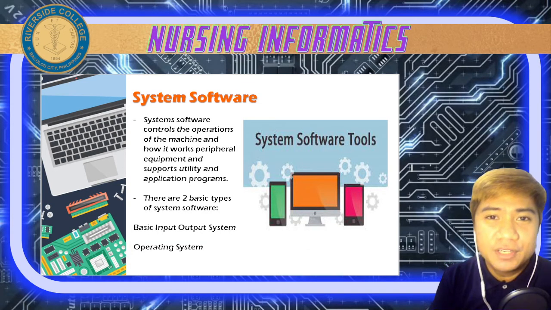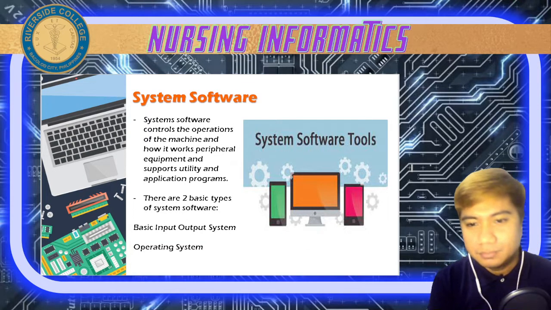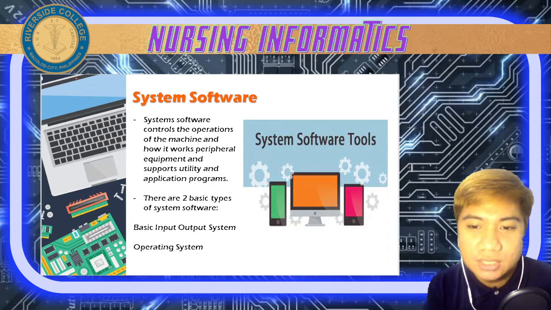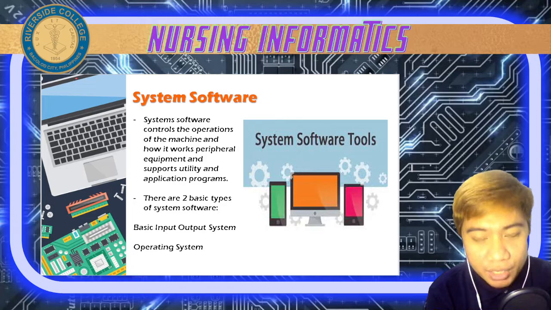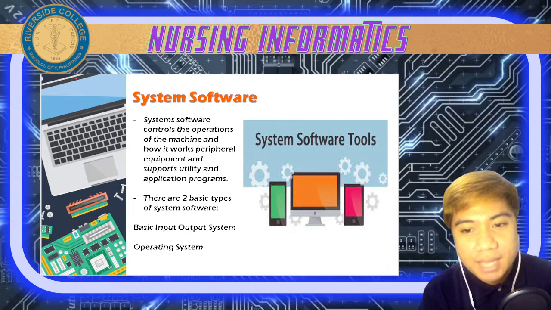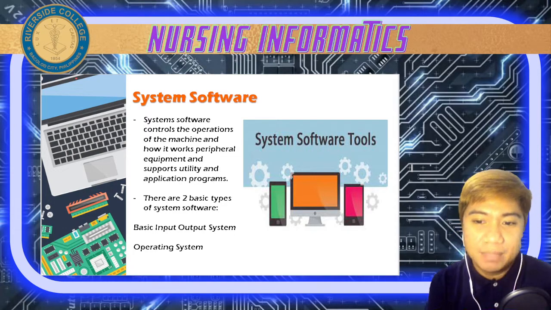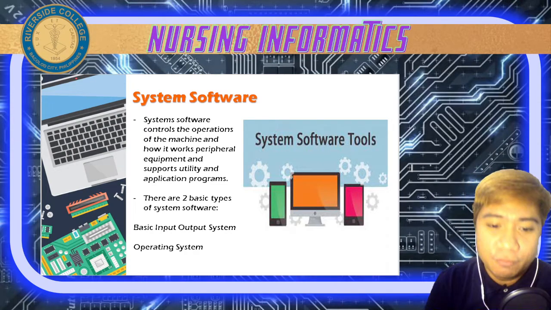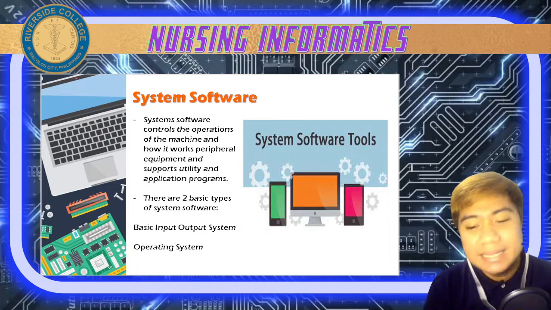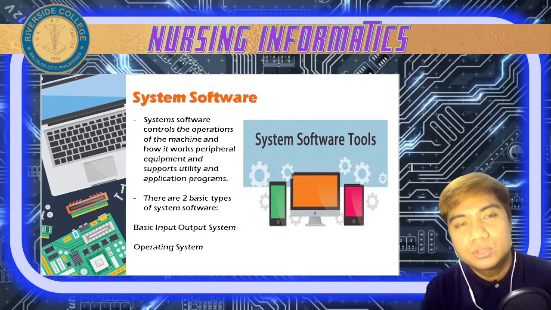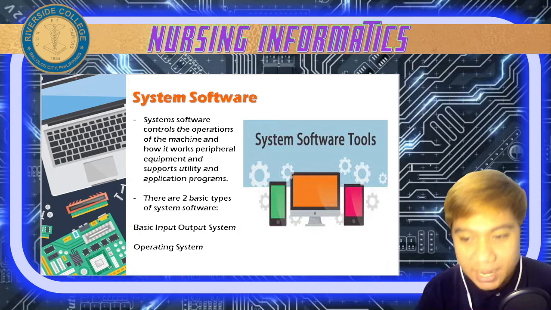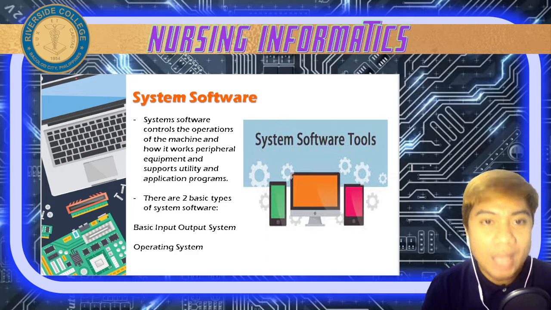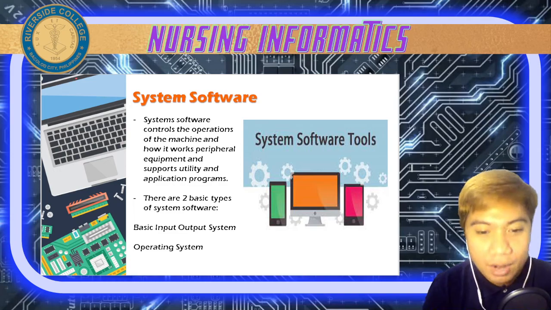First, let's have your system software. This kind of software controls the operations of the machine and how it works, the peripheral equipment, and supports utility and application programs. We call these system software tools. It consists of a variety of programs that control the individual computer and make the user's apps work well with the hardware.